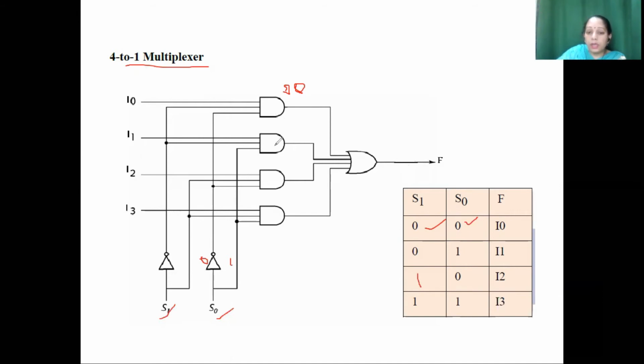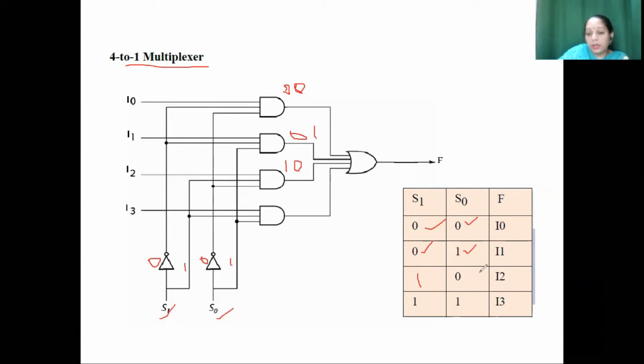Now move on to the second, that is I1. Here my input is 0 and 1. Now you can join, this is my 1 and this is my 0. You can join S0 is 1 and S1 is 0 from these selection lines. Now my input is 1 and 0.